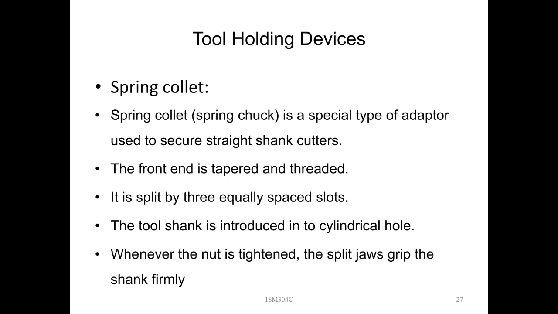The straight shank is introduced into the cylindrical hole, and the tool shank is mounted in it. Whenever the nut is tightened, the split jaws grip the shank firmly, so maximum contact is provided.